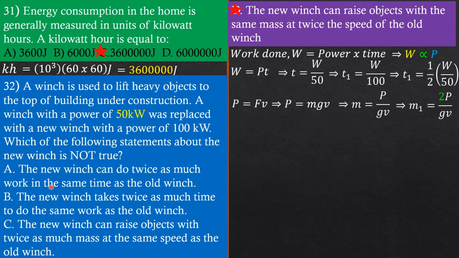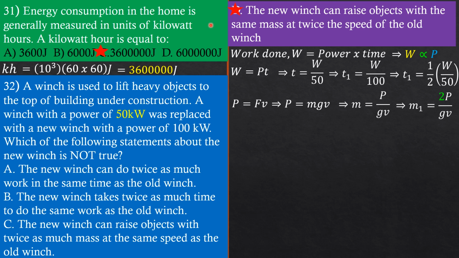Just let me know in the comment section down below which of the options you think is the best, either option C or option D. Option C is saying that the new winch can raise an object with twice as much mass at the same speed as the old one, of which the mass, as you can see, is twice the initial mass, right? But if you make the speed the subject of this formula, you see that it can do it at twice the speed, right? Great. So maybe option C has to be the best, but just let me know in the comment section down below which of them you think is the best.